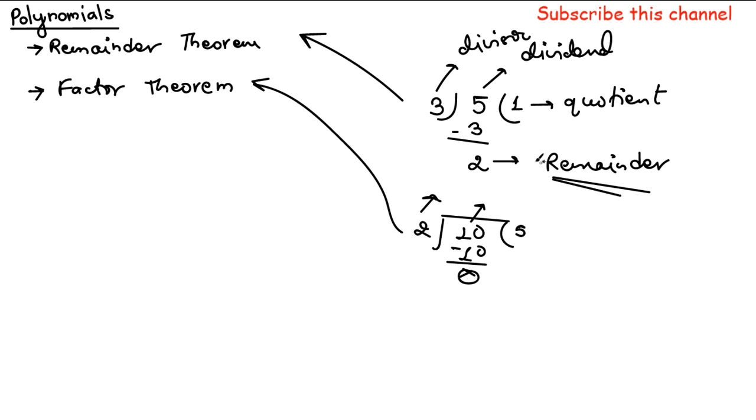Means this is linked with the remainder theorem. Means we are going to express it in terms of an algebraic expression. Then the definition of remainder theorem comes over there. And for the factor theorem, just see here, any number divided by a fixed number, if remainder is 0, then 2 is considered as the factor. This implies factor theorem.